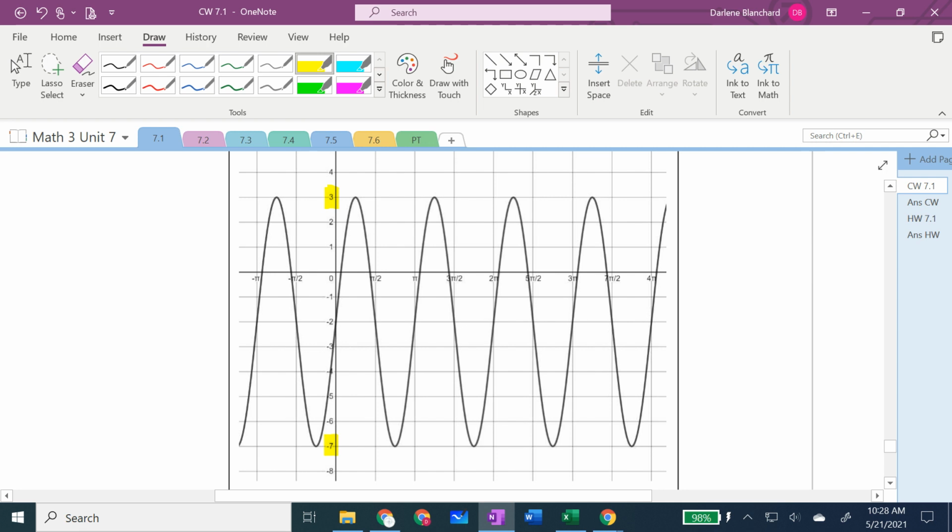The midline has to be halfway in between them. How do I find halfway between two numbers? I can find halfway between two numbers if I find their average.